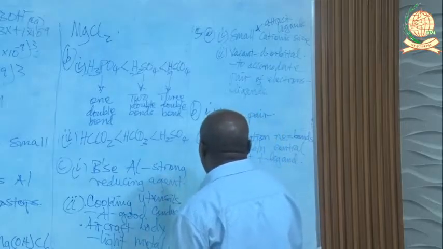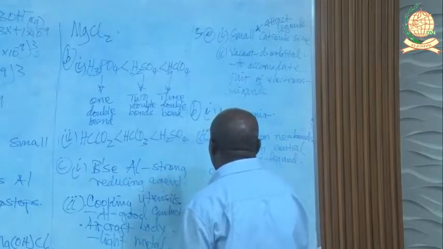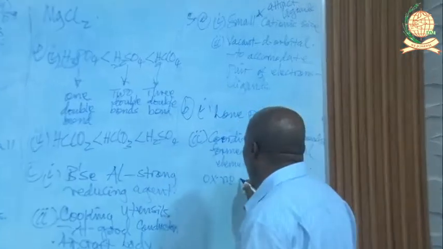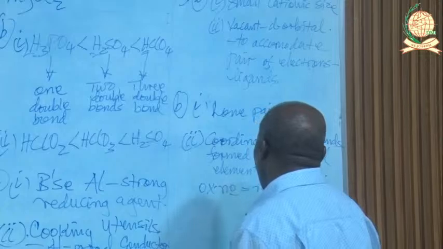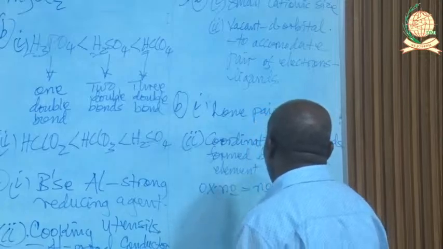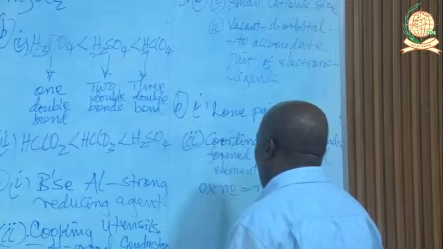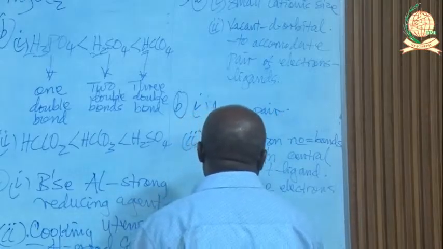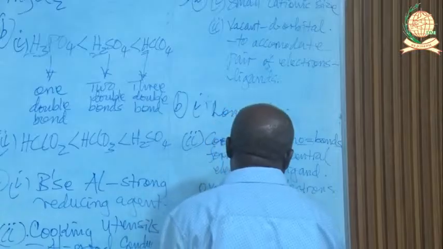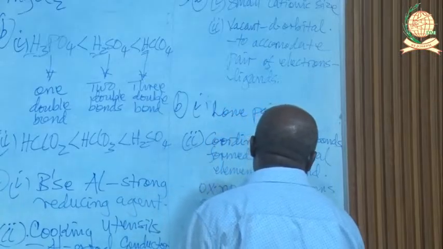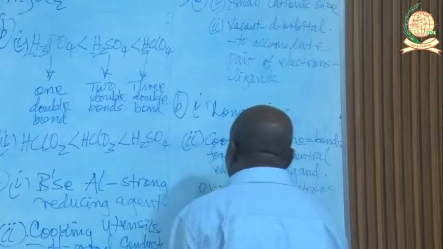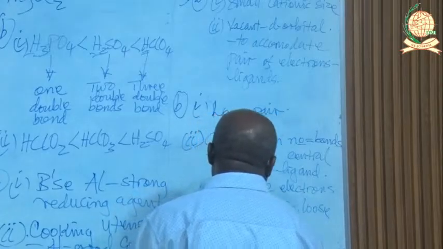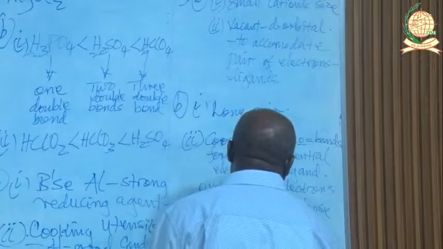And the oxidation number is the number of electrons an atom gains, loses or shares during bond formation.